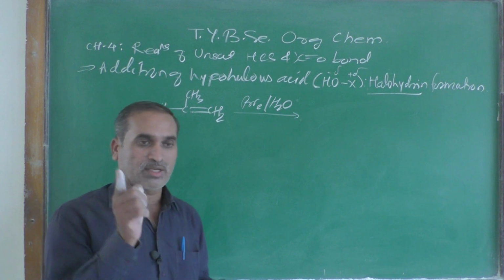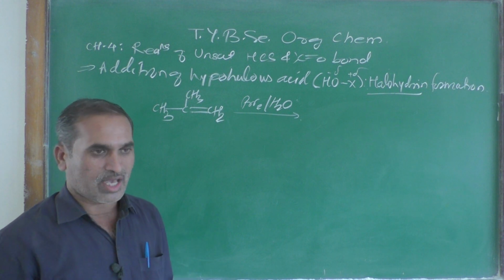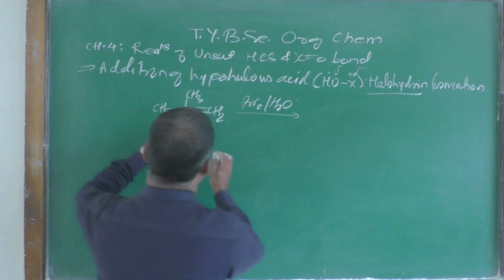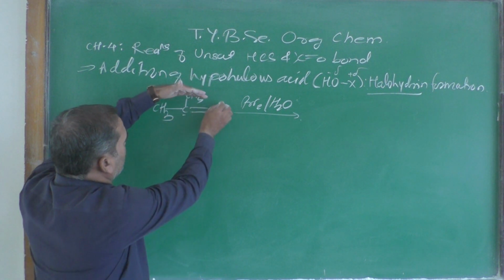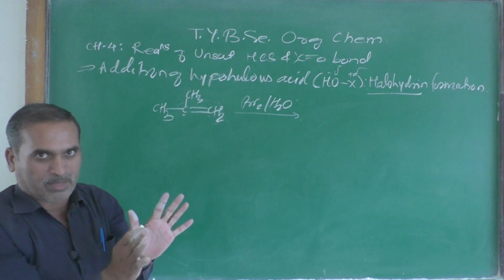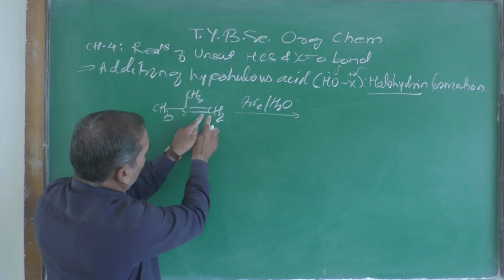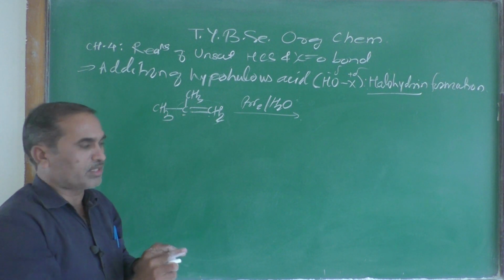The negative part of the addendum or the reagent attaches to the carbon which carries the lesser number of hydrogen atoms. Look at here, this is a carbon atom and this is a carbon atom. Only this part is the olefinic part, and therefore either this carbon atom or this carbon atom; here no hydrogen atom, here are two hydrogen atoms.